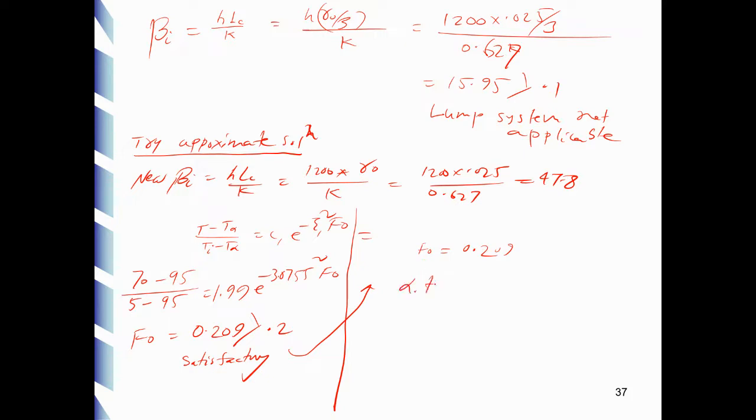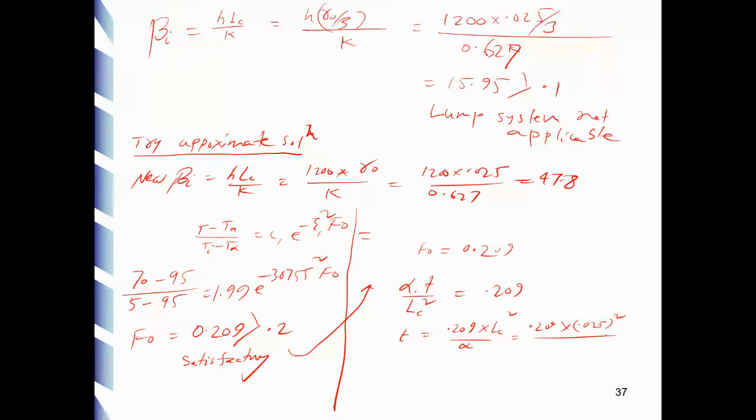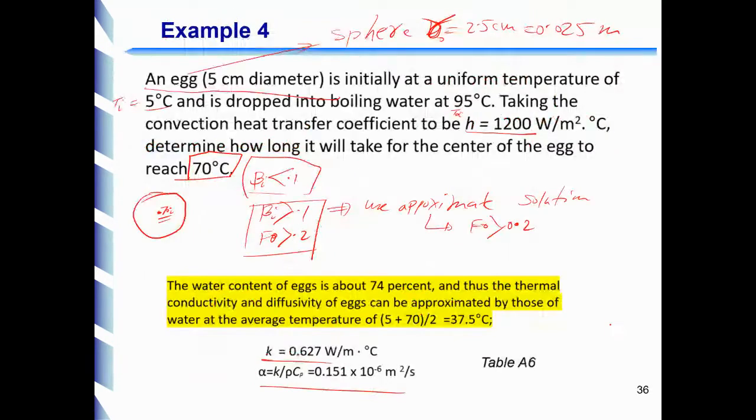F0 equal to alpha t by Lc squared, which means R0 squared, right? So t equals F0 times 0.025 squared divided by alpha.